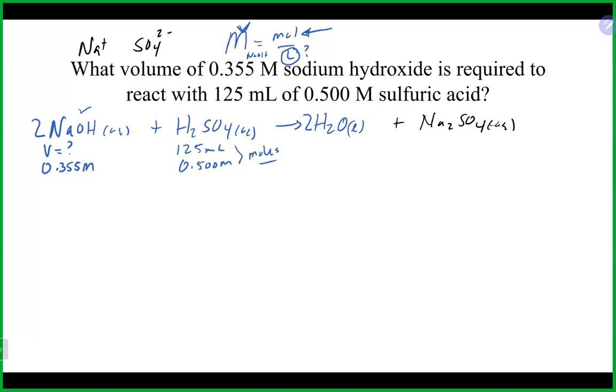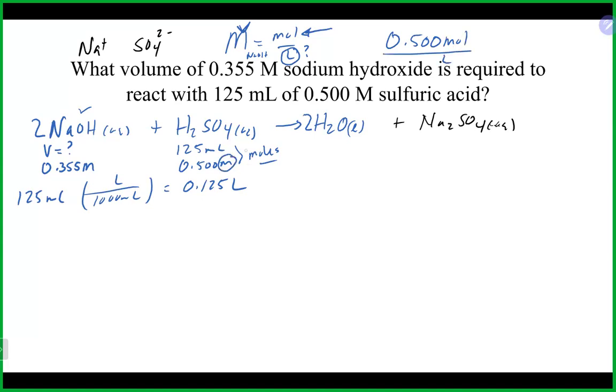Remember that when we use molarity and volume, the volume needs to be in liters. So we do need to convert our milliliters into liters. So 1,000 milliliters is a liter, gives us 0.125 liters. Also remember that we do want to get rid of the big M and convert it to moles per liter.